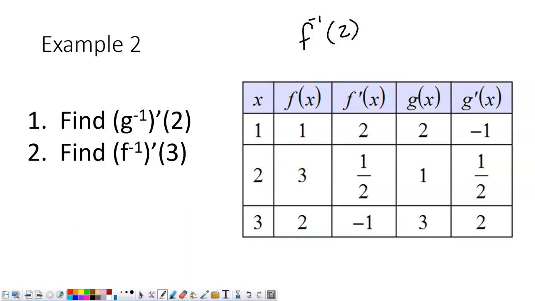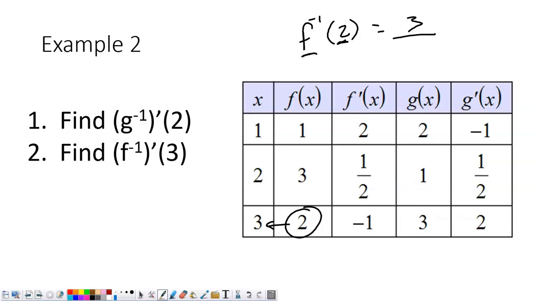What's f inverse of 2? So what you're going to do then is you're going to look for 2, but you're not going to look for 2 in the x column like we used to. You're going to look for 2 in the f column, and the answer will be the x value that comes out of it. Okay, so that's how you can evaluate those.